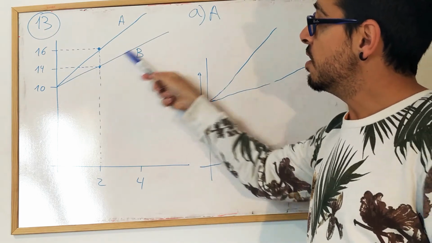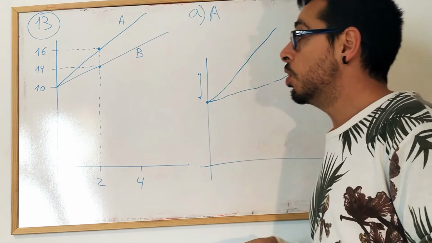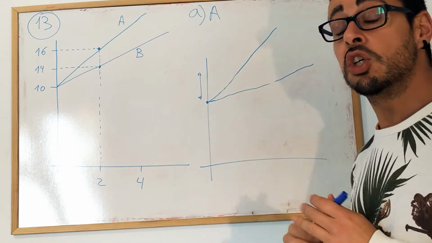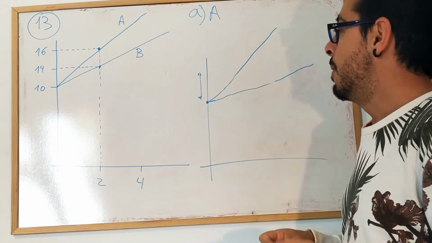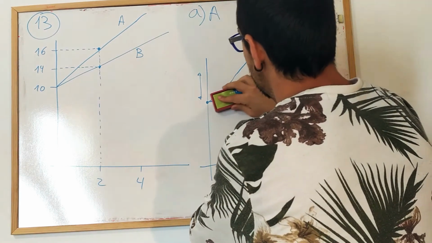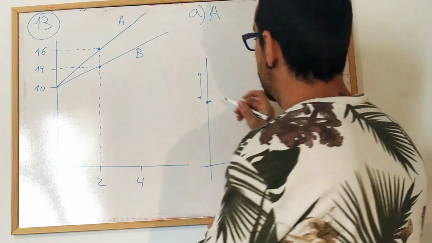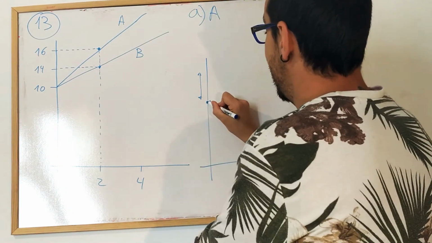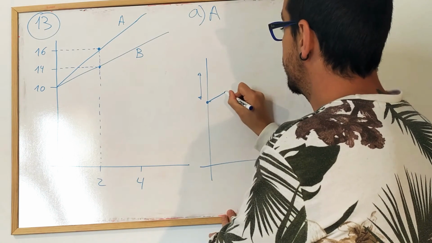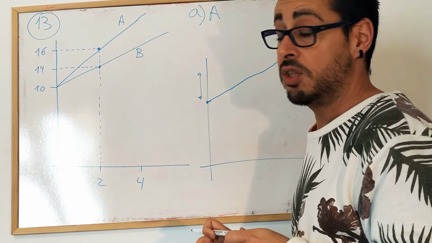If the line is straight, okay, if it's a straight line, it's because the speed is constant. But if the line is not straight, it's because the speed is not constant. It is accelerating or decelerating. So as the time goes by, it increases its position, but the speed doesn't increase, okay?